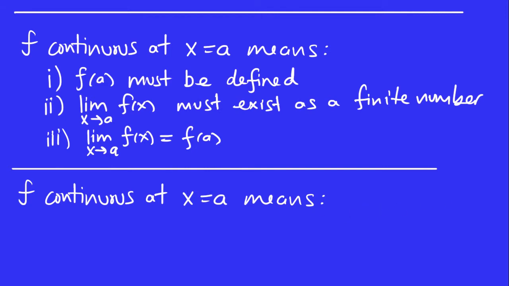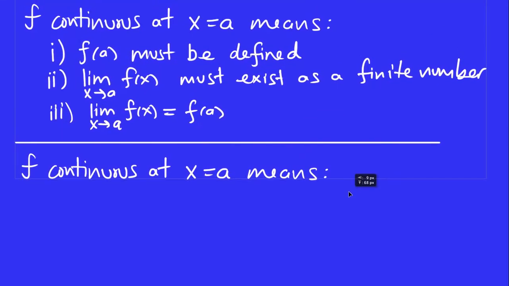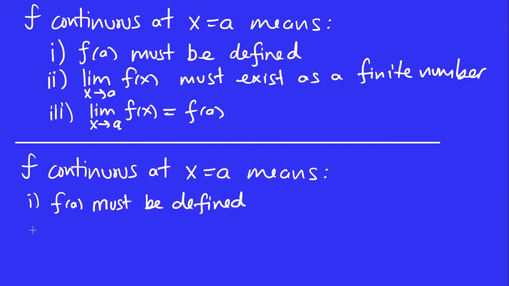So let's see how this version of the definition would go. Well, the first thing that we need, this first part is going to be the same. f of a must be defined. But this next part is a little bit more interesting.